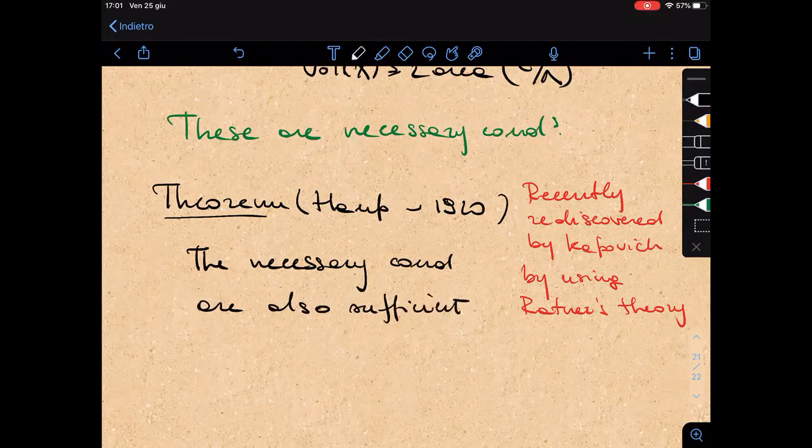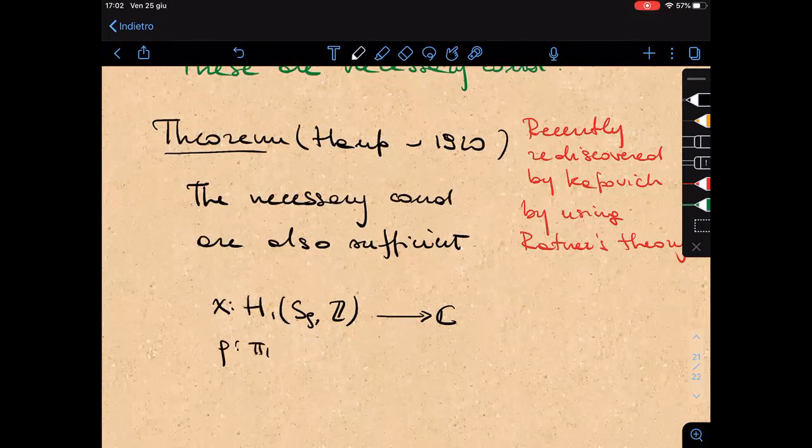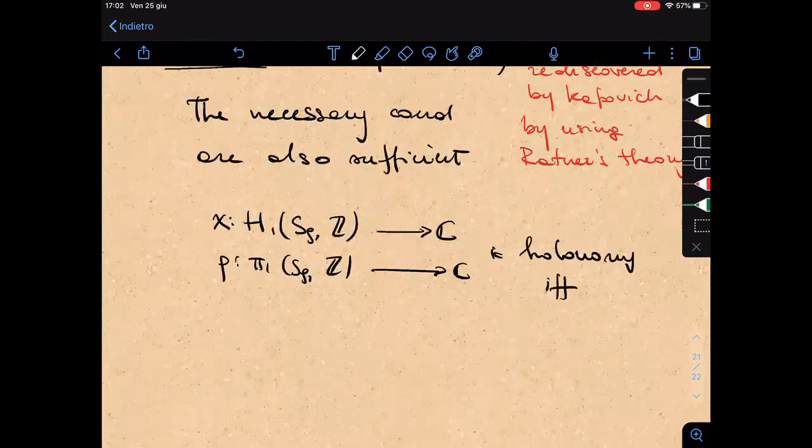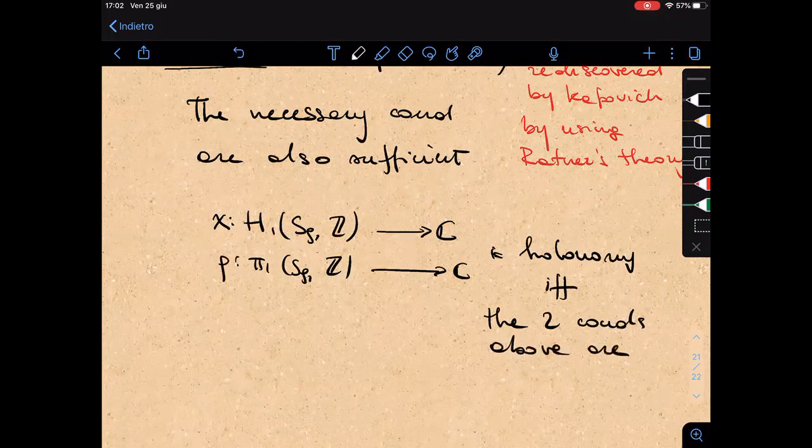So the representation chi from H1 of S_g, Z, or if you want rho, is a holonomy if and only if the two conditions above are satisfied.